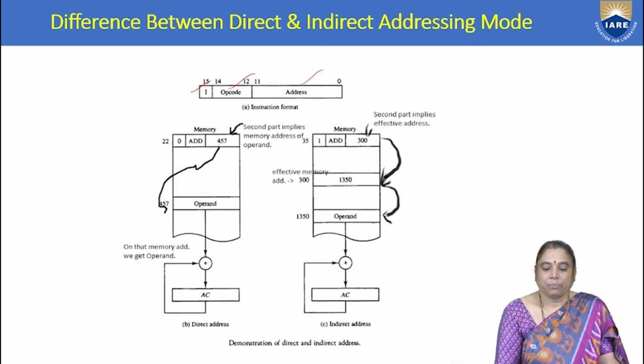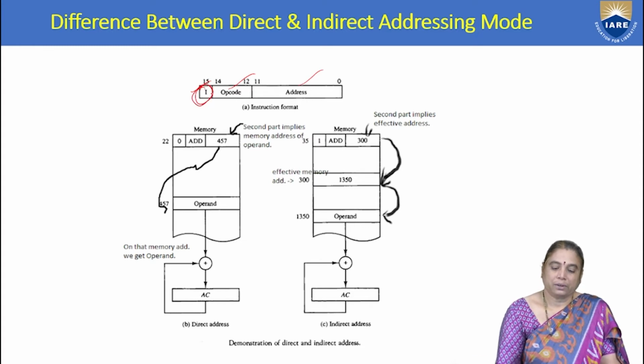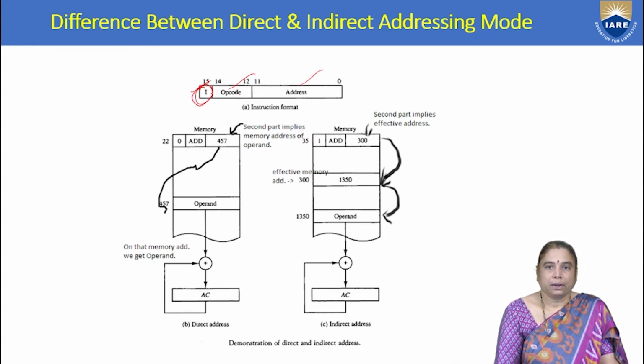If this 15th bit I value is 0, it is a direct addressing mode. If the I value is 1, it is an indirect addressing mode.